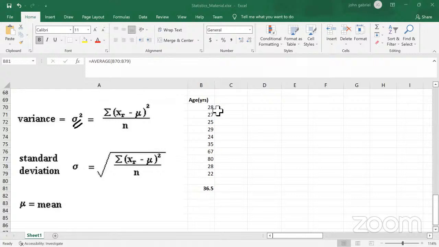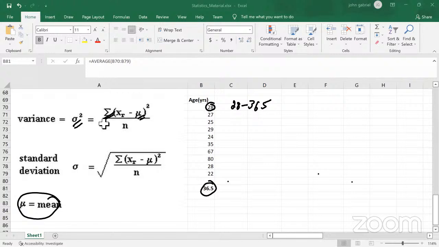Summation of (x_i minus mu) whole square. Let's take 28: 28 minus mu, which is the mean, 36.5, the whole square, plus the summation at the second term: 27 minus 36.5, that is mu.